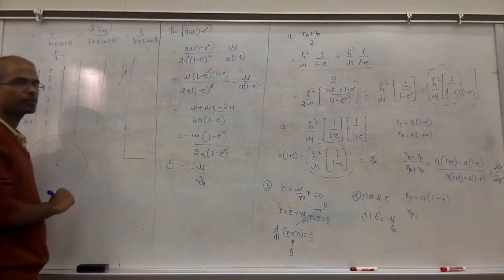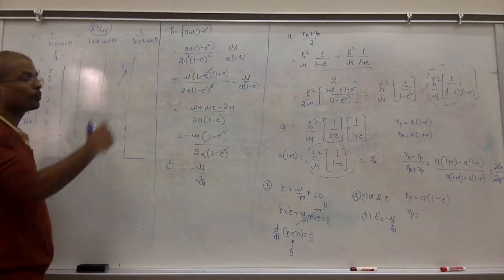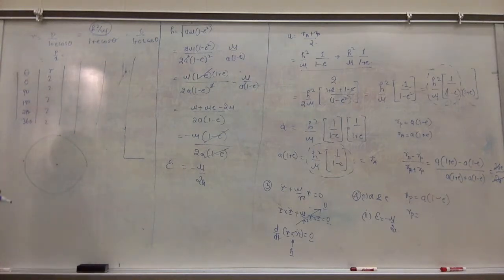At 180, what is the value? 6 over 0.4. Right? So it is 60 over 4, which is 15.